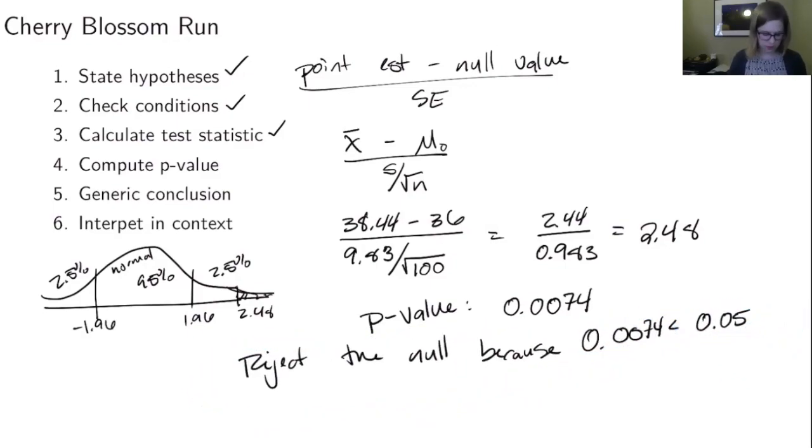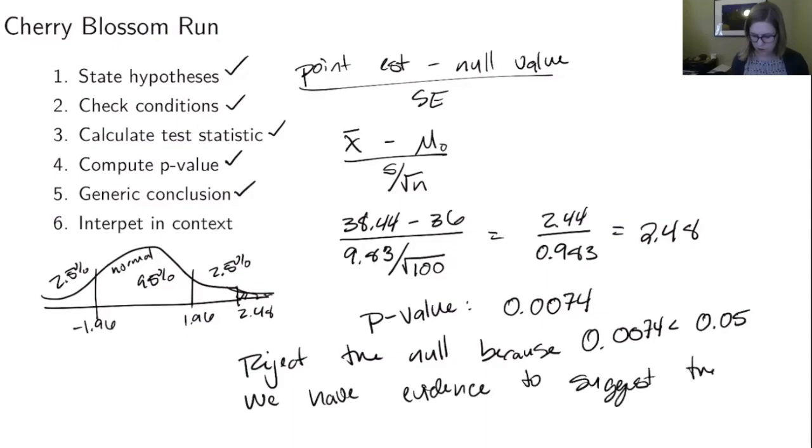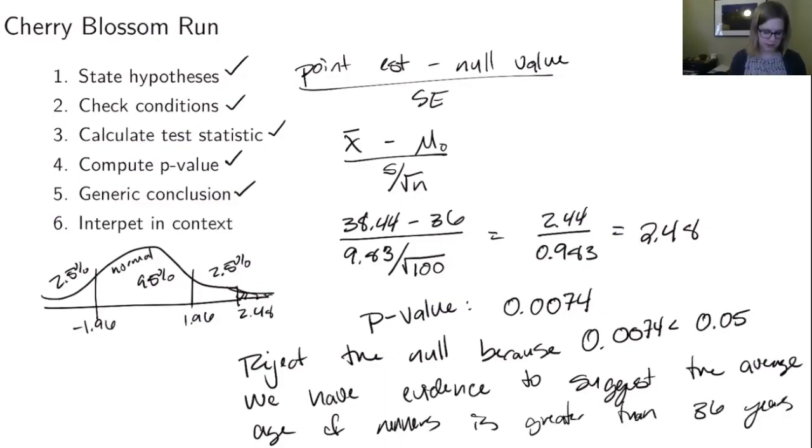We've computed our p-value and found a generic conclusion. Our last step is to interpret in context, and I would say we have evidence to suggest the average age of runners is greater than 36 years.